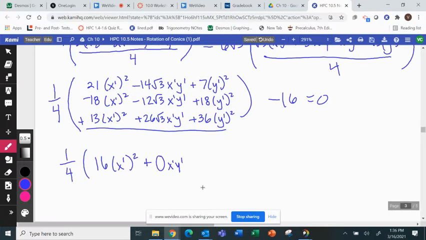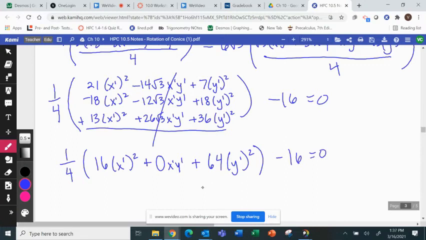So we don't have an x prime y prime term. And that's one reason why we're doing this. Okay, so if you still have an x prime y prime in it, something's wrong. That has got to cancel out. And then plus, add all those up and I get 64 y prime squared.